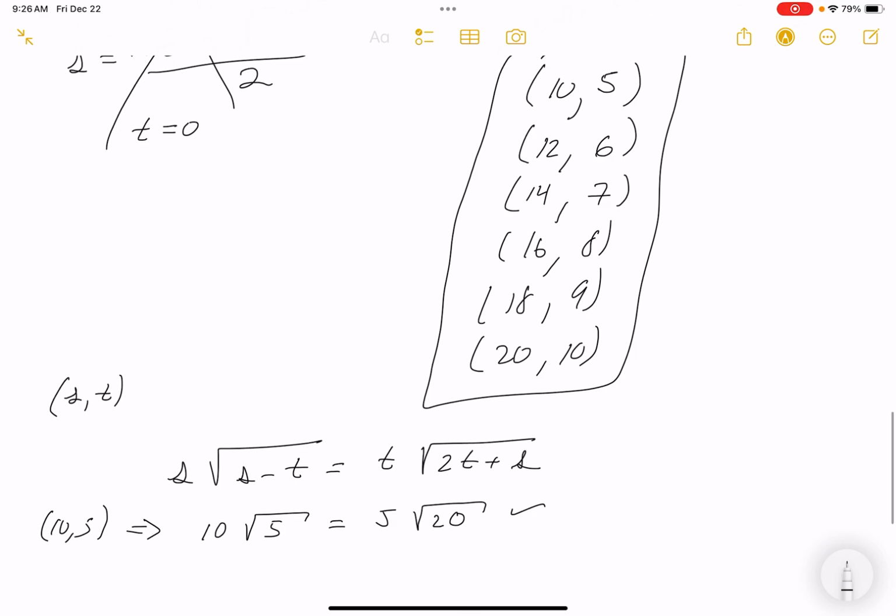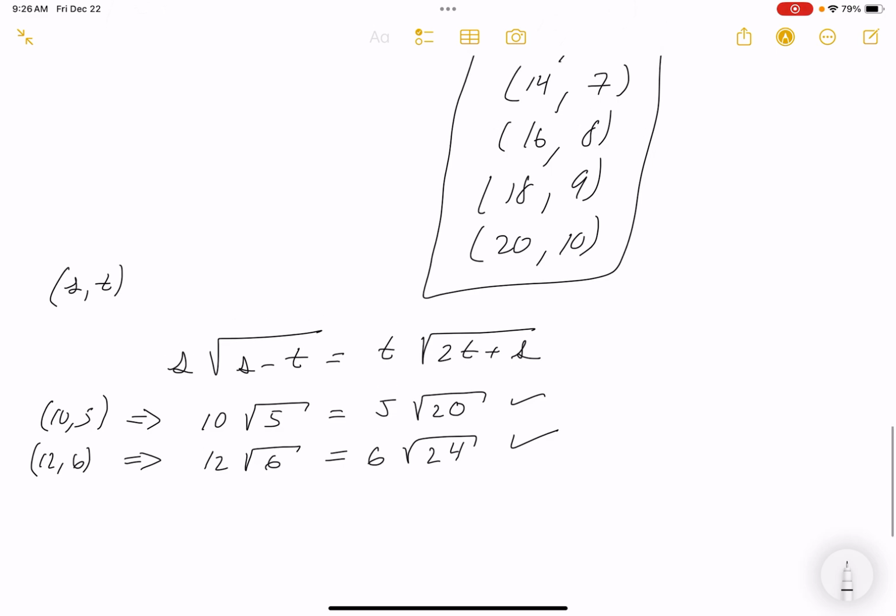The next one's going to be 12, 6. 12 minus 6 is 6. And then what do you get there? Well, 12 and 12 is 24. This works as well because, again, there's a 4 and a 6. The square root of 4 is 2, and 2 times 6 is 12. Looks good. Let's do the next one.